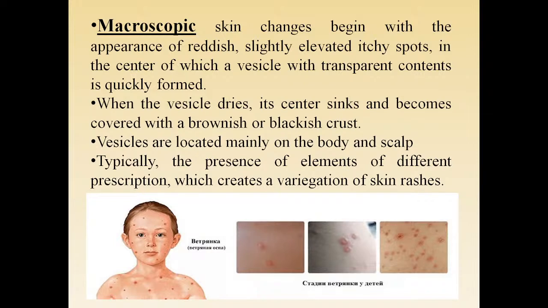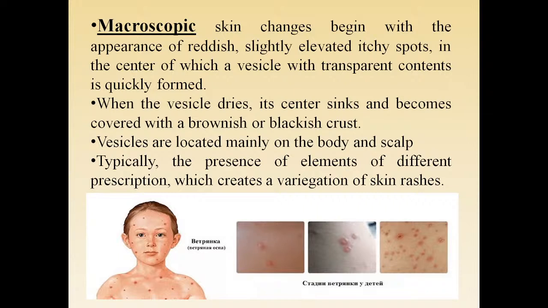Macroscopic picture on the skin. A rash appears on the skin, reddish and elevated, in the form of spots, at the center of which a vesicle with transparent contents quickly forms.